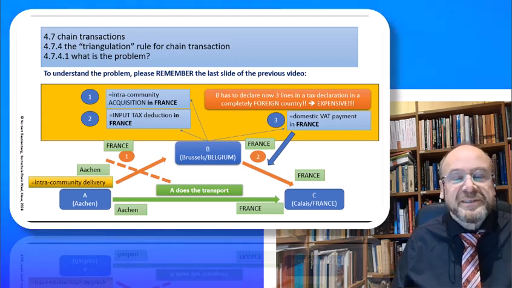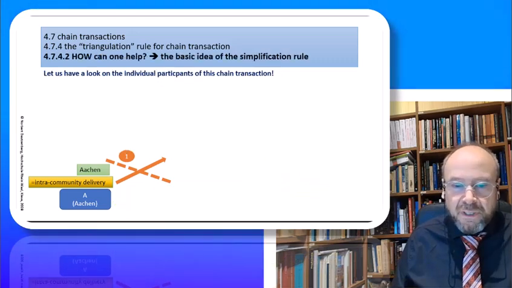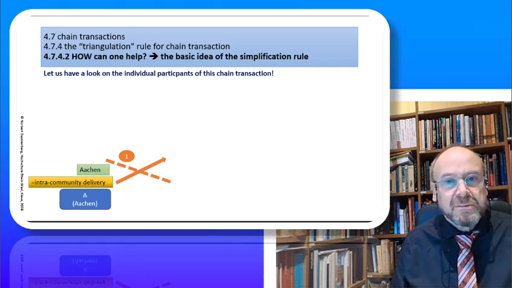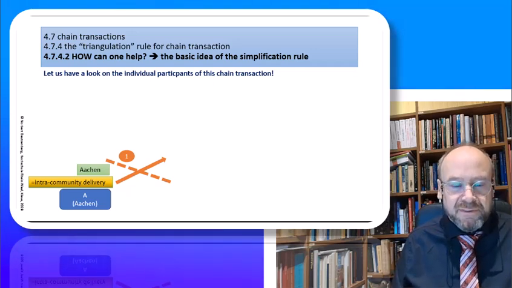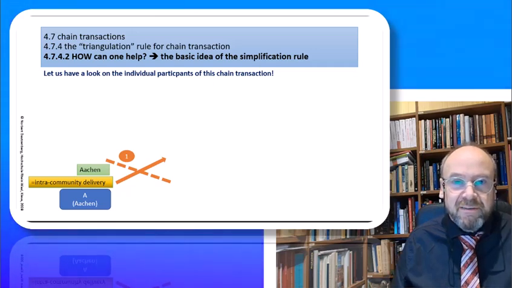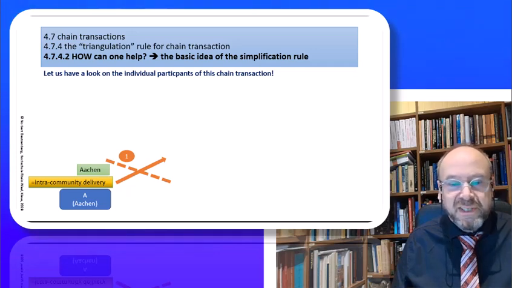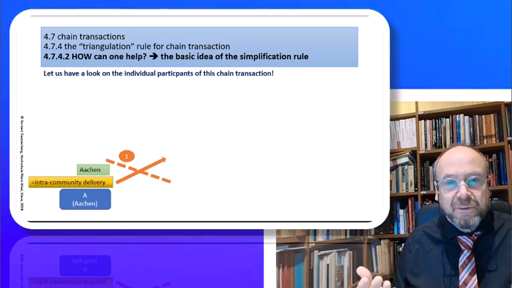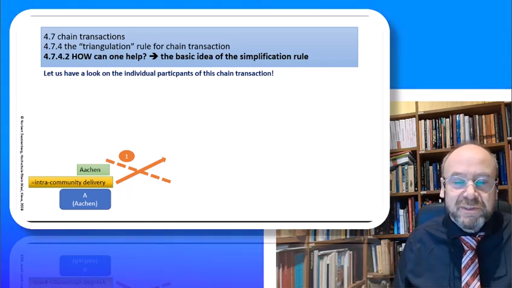We have already seen the consequences for B. When we have a look at A, the situation looks relatively proper. A sends the good from his own country. He has an inter-community delivery that's free of tax. He only needs to declare something in the recapitulative statement, or better called EU sales list, and that's it. No contact to another country or to the tax administration of foreign countries.